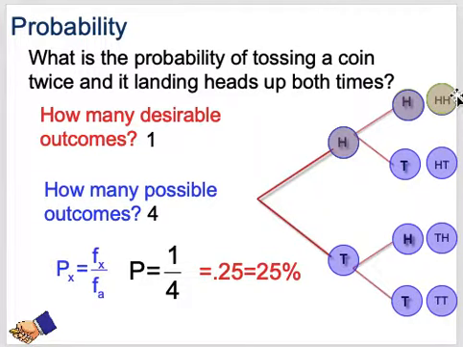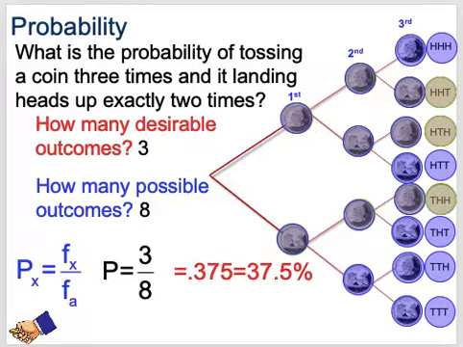I could have had heads, heads, heads, tails, tails, heads, or tails, tails. Heads, heads is what I'm interested in. So there was 1 heads, heads, and there are 1, 2, 3, 4 possible outcomes. So I have a 25% chance, or a 0.25 probability of getting two heads if I toss a coin twice.